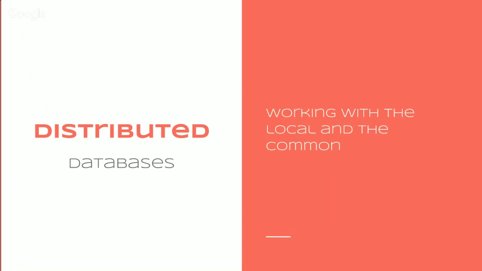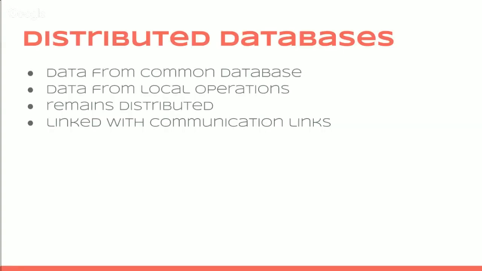Then you have distributed databases, which are a little bit the opposite in a way. They work with the local and the common, and that means you have that common database in the middle, and it can be distributed out to the operational databases out wide, and they get that data from the local operations, and then the data will remain distributed.